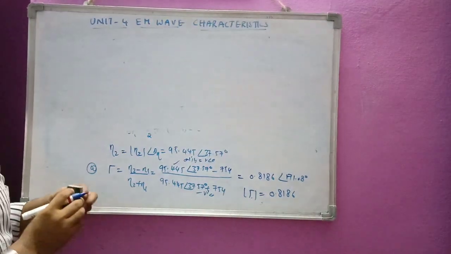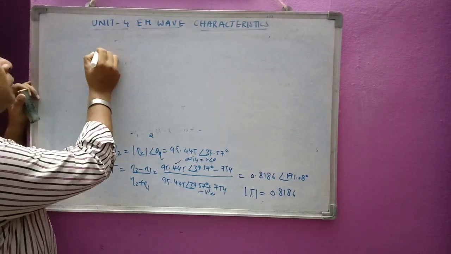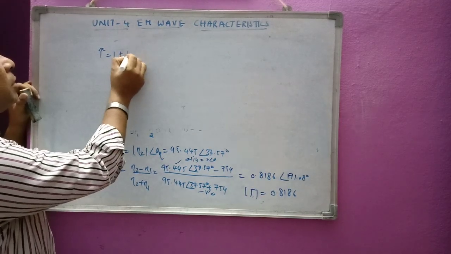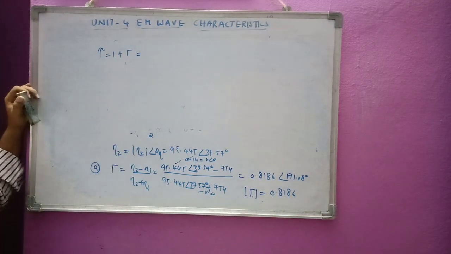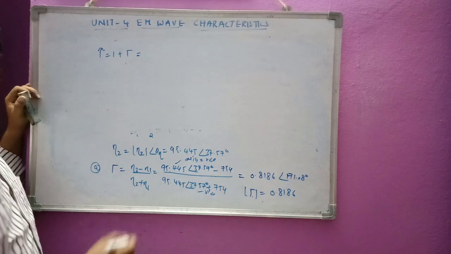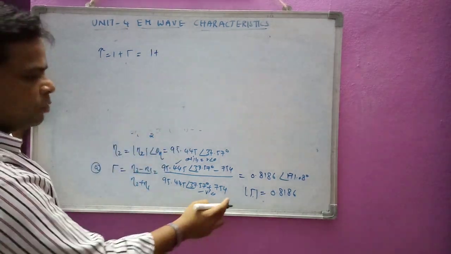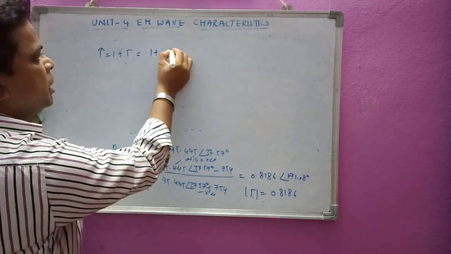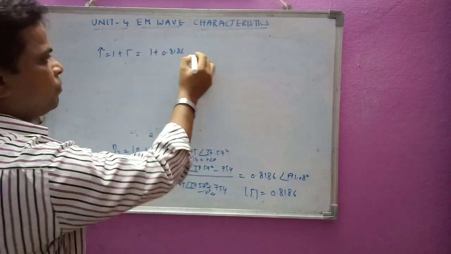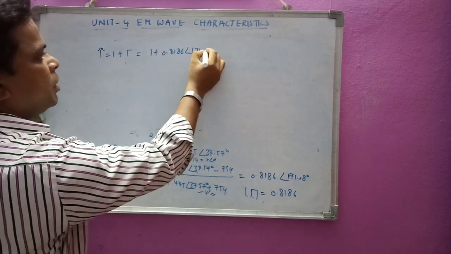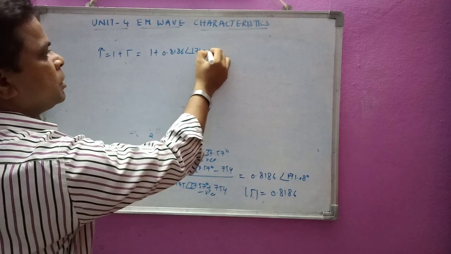Gamma here. Tau we can calculate as, we know that tau is equal to 1 plus gamma, 1 plus mod gamma. Here we can say that is our 1 plus this one, that is 1 plus 0.8186 at an angle of 171.08 degrees.